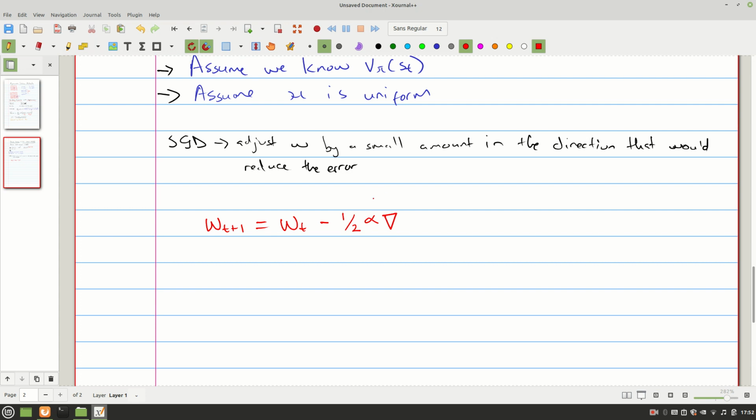But the gradient of v_π(s_t) minus v(s_t, w_t) squared, where v_π(s_t) we assume is given to us, right?